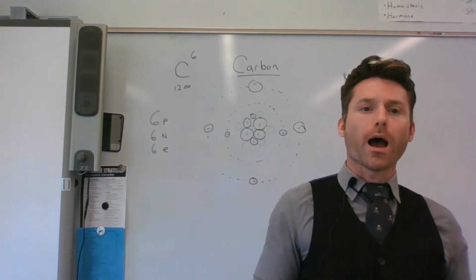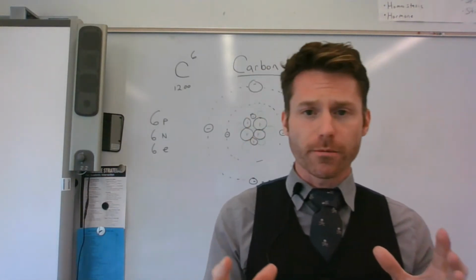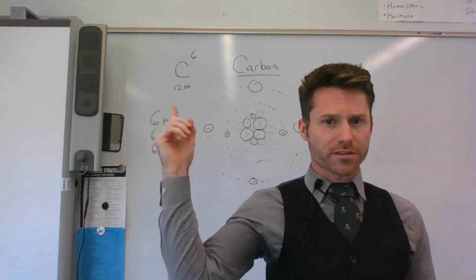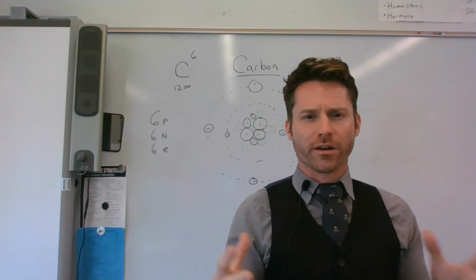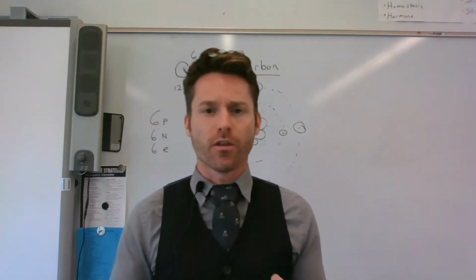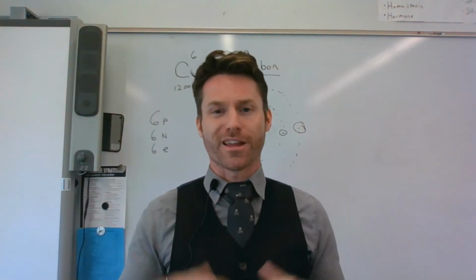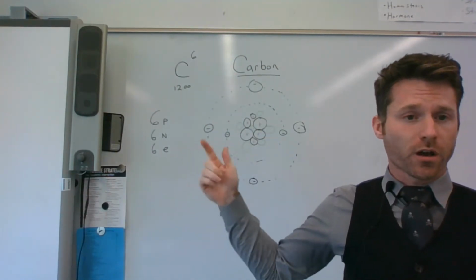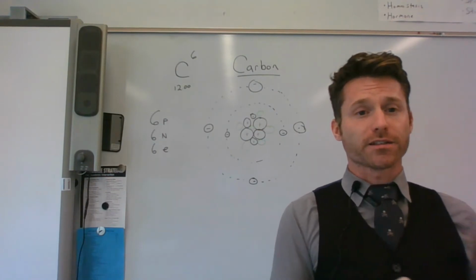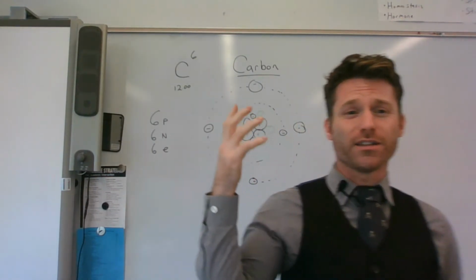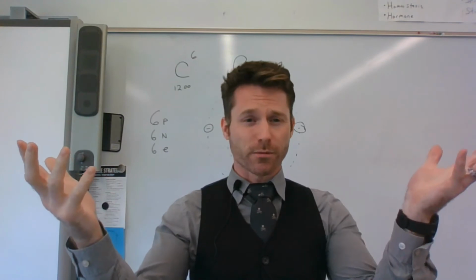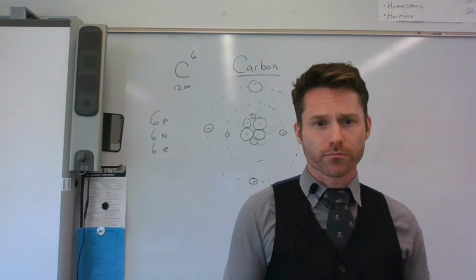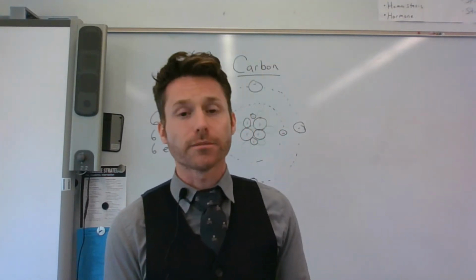That's why if you look at the periodic table, carbon will have the atomic number of 6, but the atomic mass of roughly 12.01, because they average in those forms of carbon that have more neutrons. But the carbon I have on the board has 6 protons, 6 neutrons, and 6 electrons. Because the number of electrons is the same as the number of protons, it's a neutral charge. This is a standard carbon, the carbon that we deal with every day.